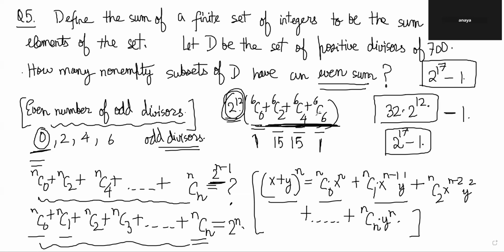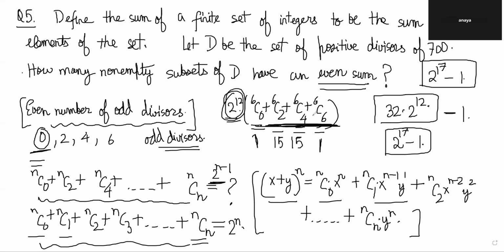Here we are focused on, out of the even and odd divisors of 700, which ones we'll select and what we'll do about the other divisors. For each divisor, you have an option to either select it or not select it. We have divided the divisors into two types, odd and even, because we want to keep a handle on how many odd divisors we have.